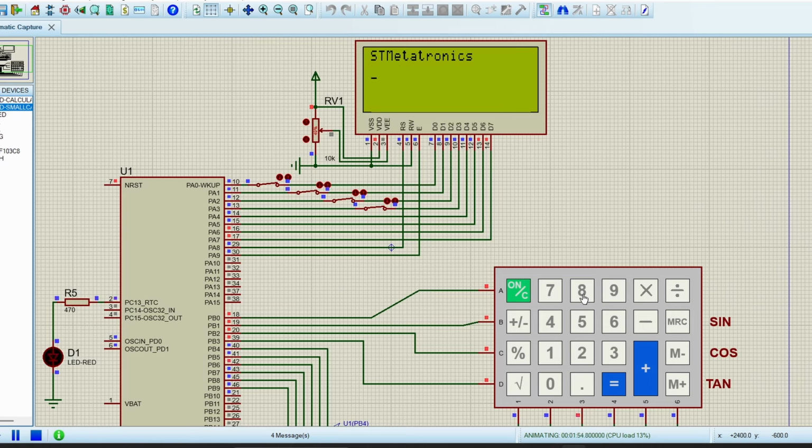We take 80 divided by 7, and we get 11.42. If we multiply 7 by 11 we get 77, so we should get 3 as the remainder. So we do 80 modulo 7, and we get 3 as the answer. This functionality is correctly working. Now we will do the sine functionalities.